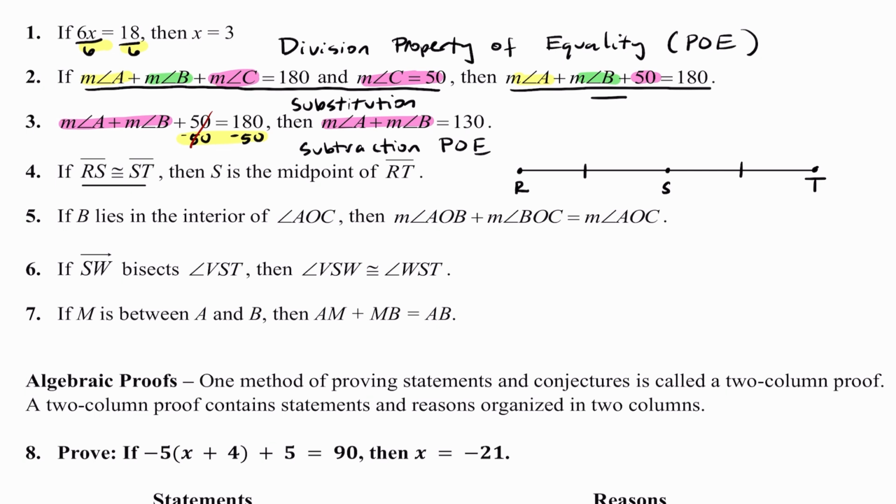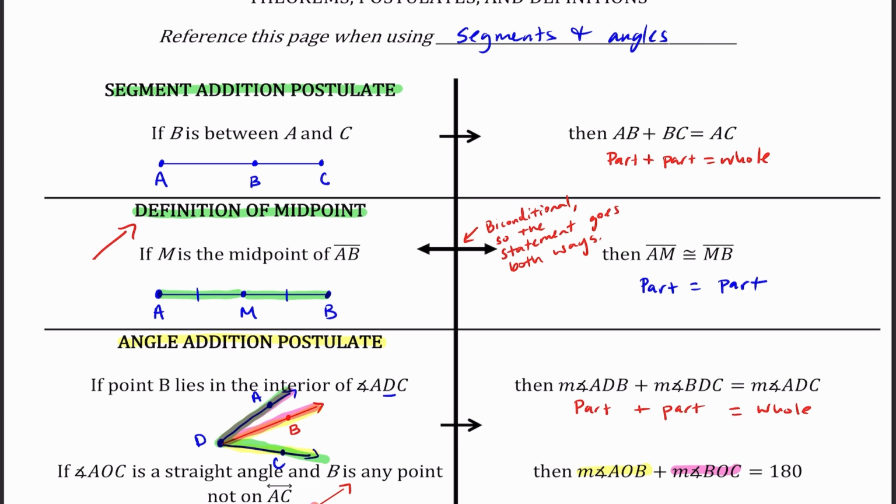But the format for number 4 is if segment RS is congruent to segment ST, which is showing that part is congruent to part, then S is the midpoint of segment RT. With midpoint, it's a definition, it's a biconditional, it can go both ways. So instead of going from here to there, we should be looking from here to there.